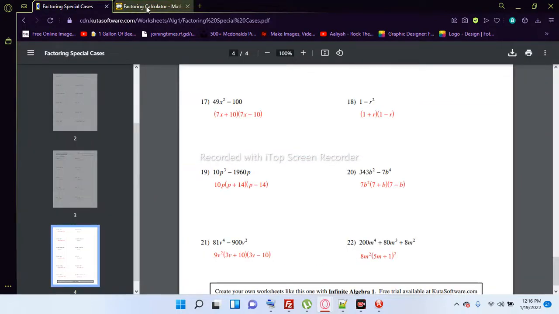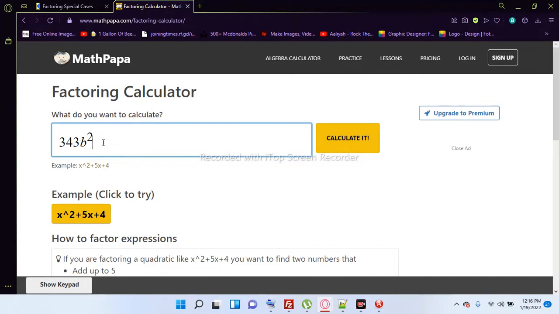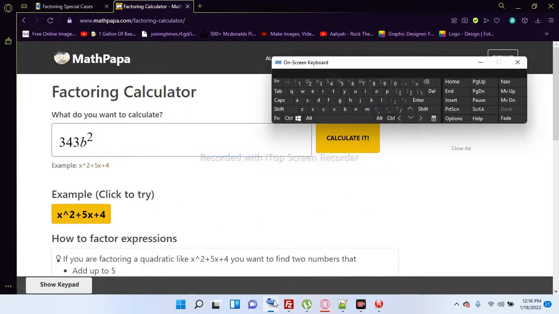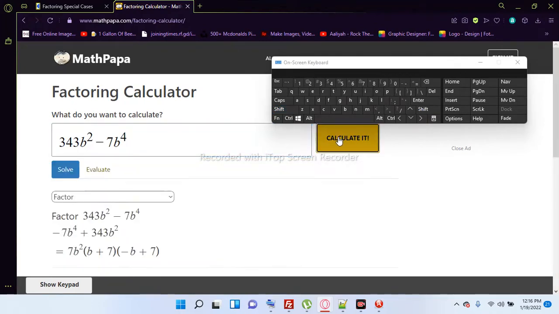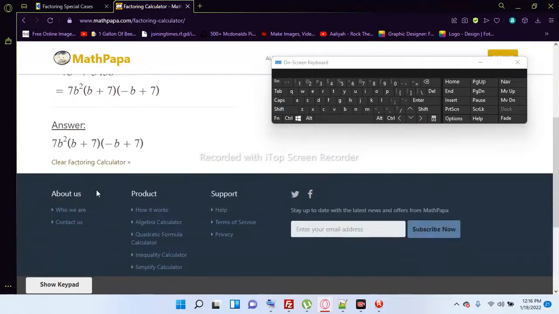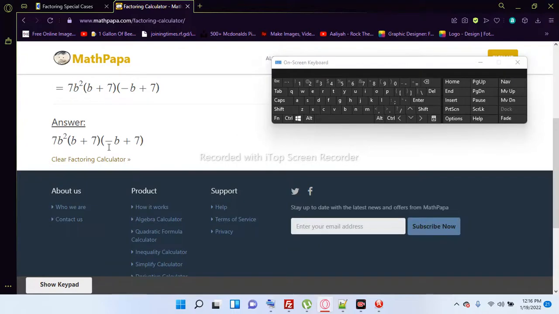Minus 7b to the fourth. Minus 7b, shift the 6 key. Okay, calculator. And it's 7b squared, b plus 7, negative b plus 7, right?